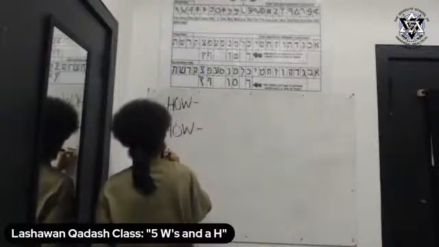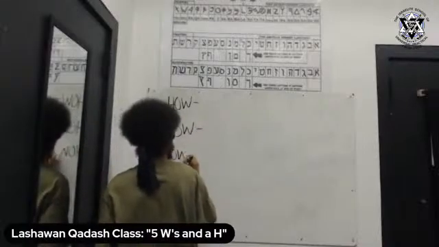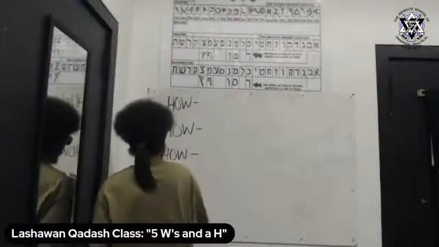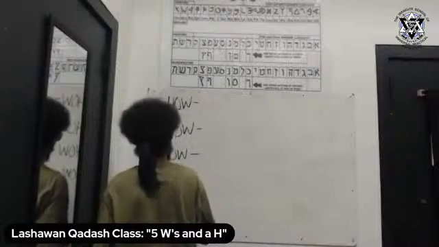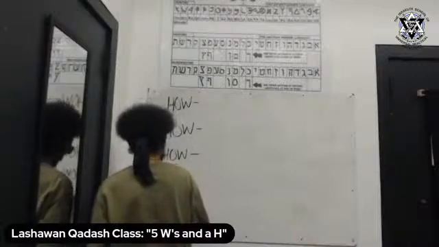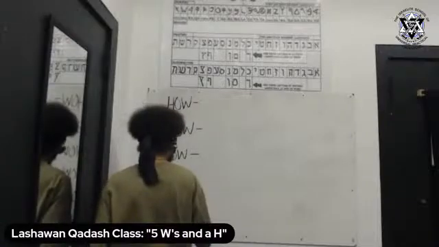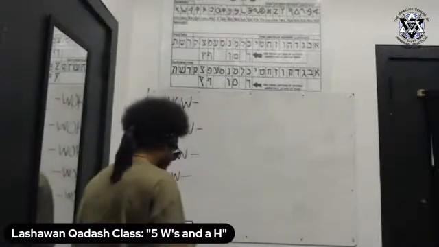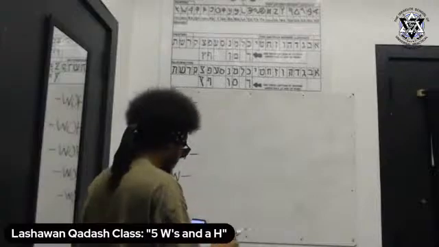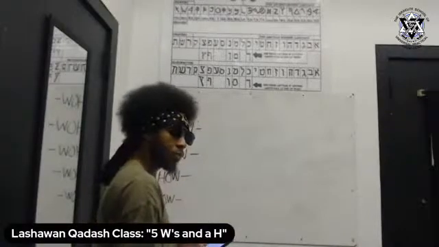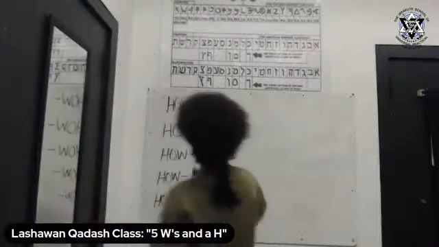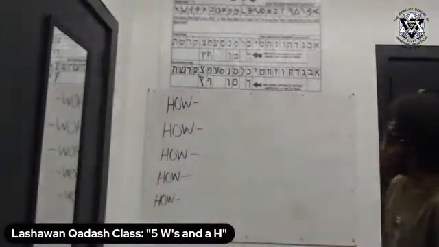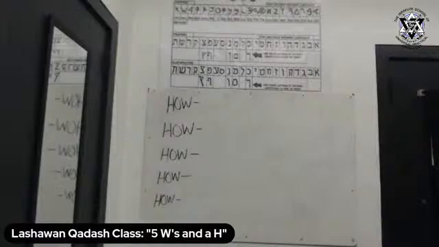It's going to be about 5 hows. So we got 5 of them. Let's write it down first. So we got 5 hows: 1, 2, 3, 4, and 5.